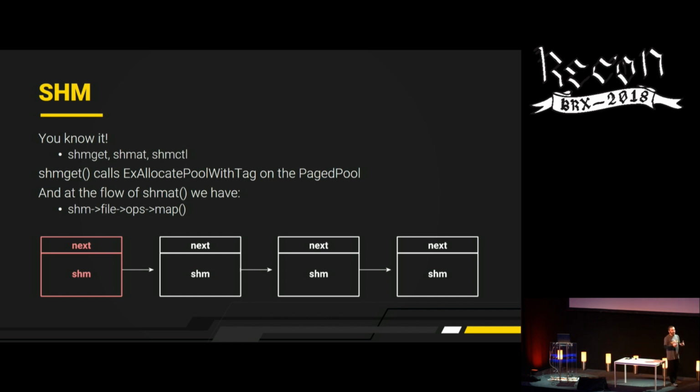When you call shmget, it allocates a new shm object, and you can do it as many times as you want. So I can spray with that object, fantastic. And shmat triggers a call to a virtual function, which derives from that object. So if I corrupt that structure, I can gain an arbitrary call, which is great.